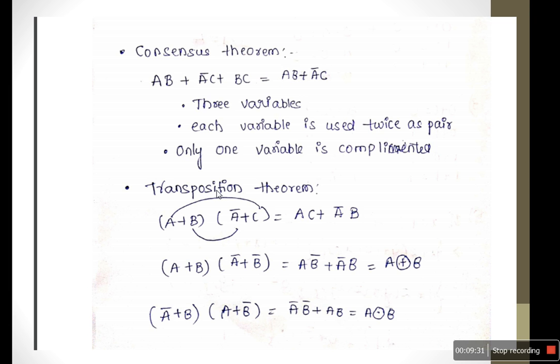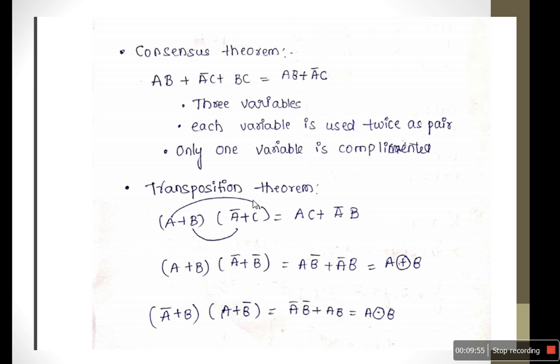Again we have the transposition theorem. In the transposition theorem, for example, they give (A + B)(A bar + C). The last terms are multiplied and the middle terms are multiplied and they are added.